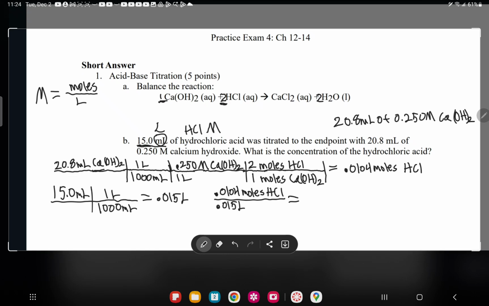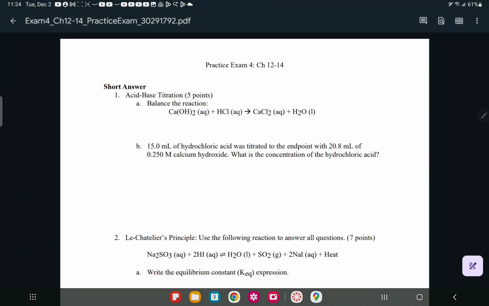And this will give us 0.693 molarity or concentration of the HCl acid. Alright, so that question's done. That's the answer. We'll be now moving on to the next one.